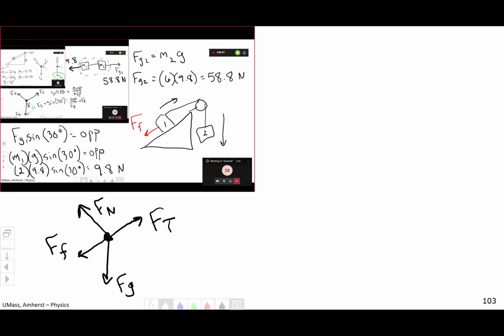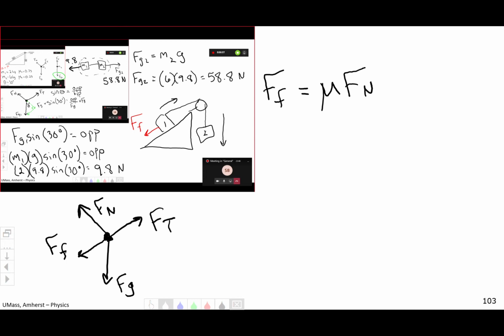So if we want to figure out the force of friction now, because we need to know how it's going to affect the motion of our system, we're going to use force of friction equals mu times force normal. And the first question we're going to ask ourselves is, will this system move at all? Is there enough force to overcome the static friction? Before we can do that, we're going to need to figure out the normal force.